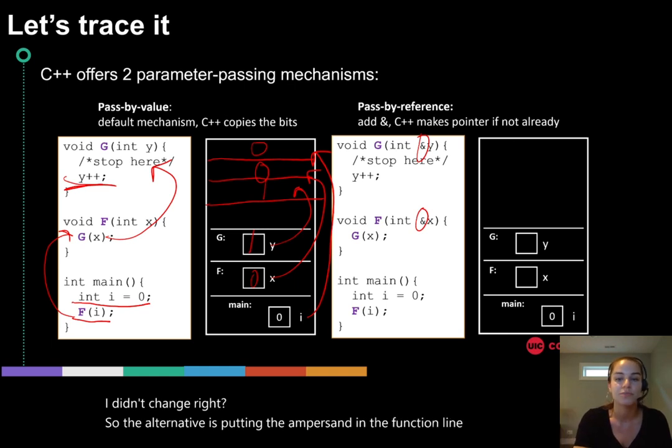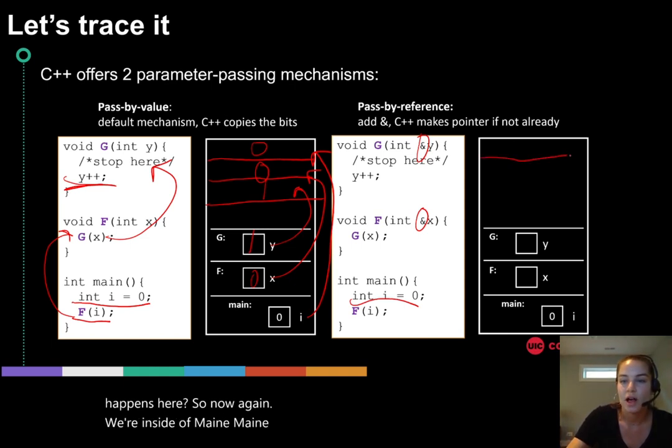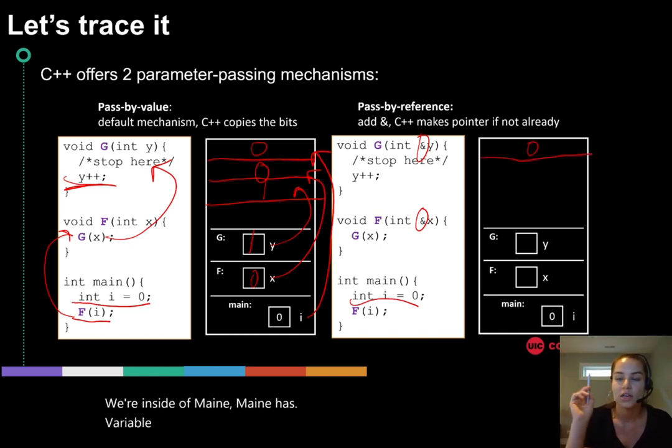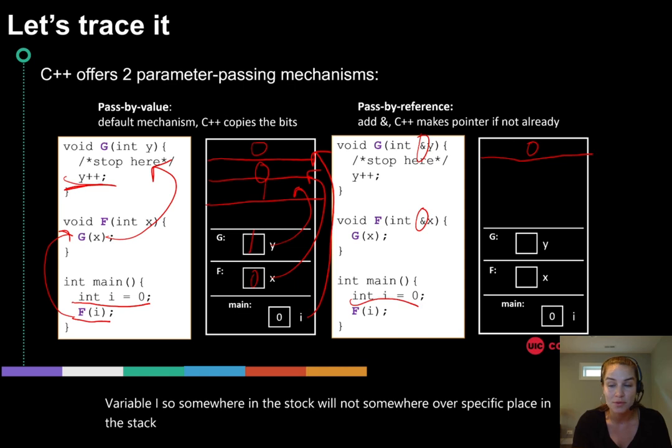So what happens here? Now, again, we're inside of main. Main has variable I, so in a very specific place in the stack, you're going to find memory for an integer and you're going to initialize it with 0.